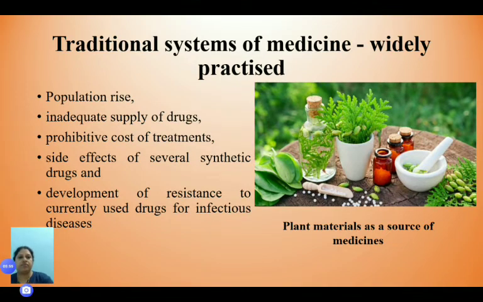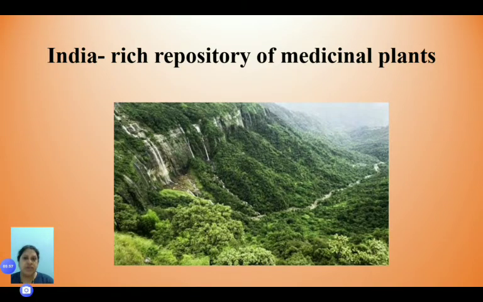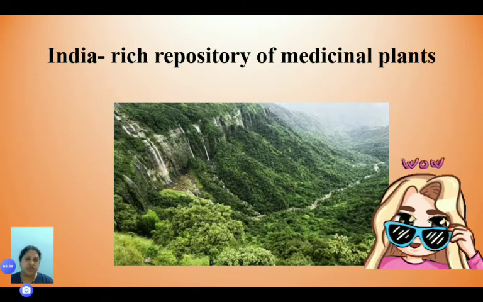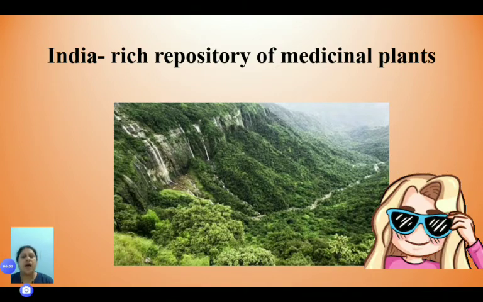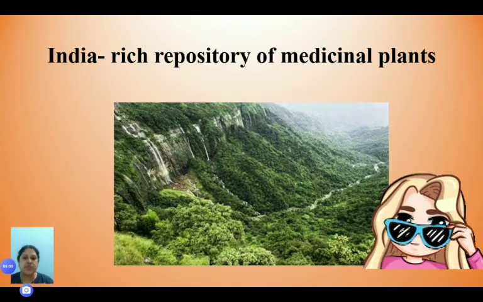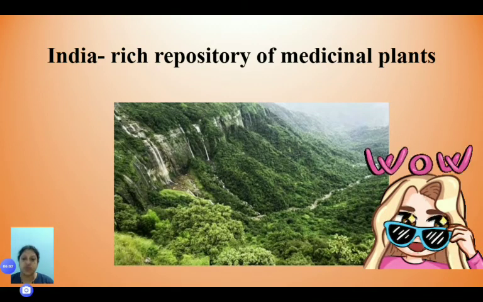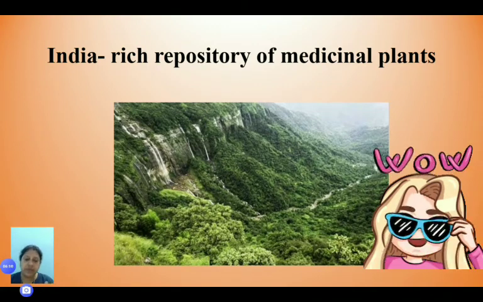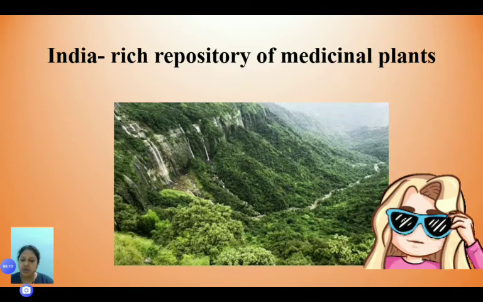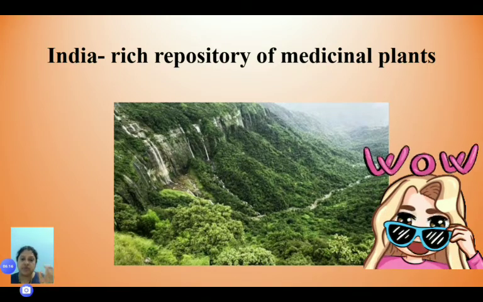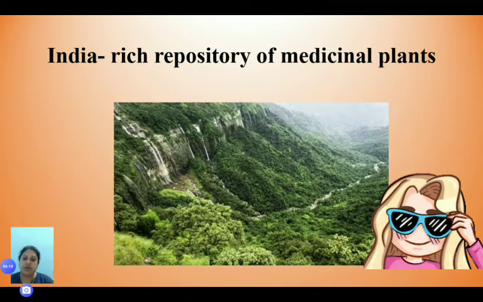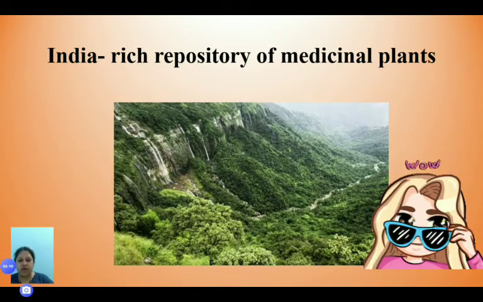Coming to India, India is a rich repository of medicinal plants. From the picture, you can see this is actually Kani Hills, and you can see how abundant the trees are. The forest is very thick with many different types of plants. So you can understand that the Indian forest is the principal repository of a large number of medicinal and aromatic plants.